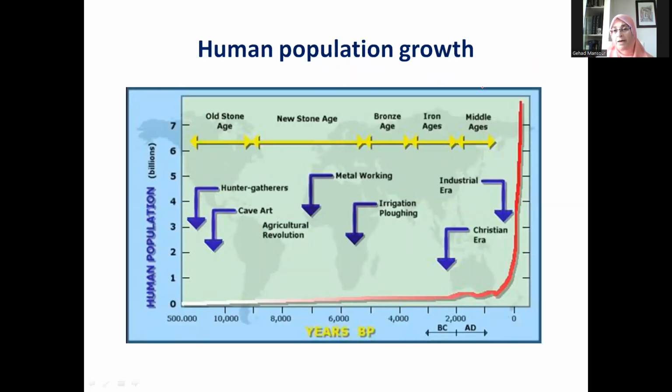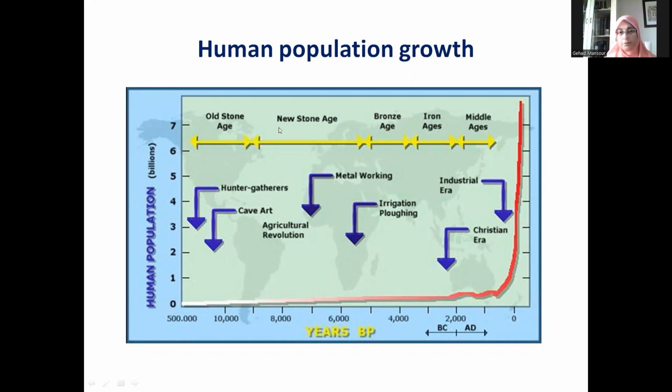This is a diagram that shows you how the human population growth has changed over time. So we have the Old Stone Age, the New Stone Age, the Bronze Age, the Iron Ages and the Middle Ages. In this graph, what we focus upon is the red line that you see.